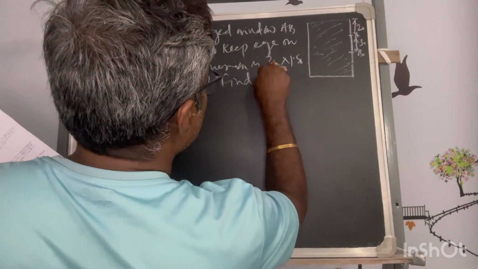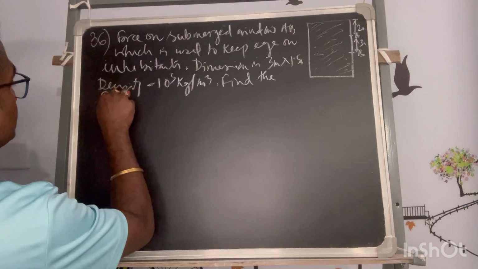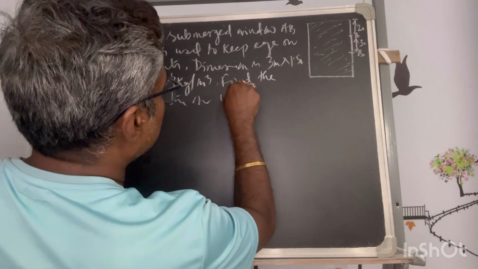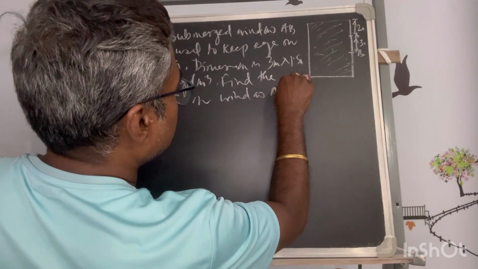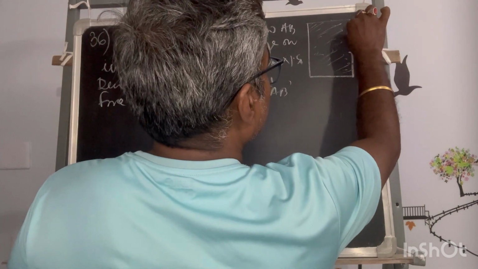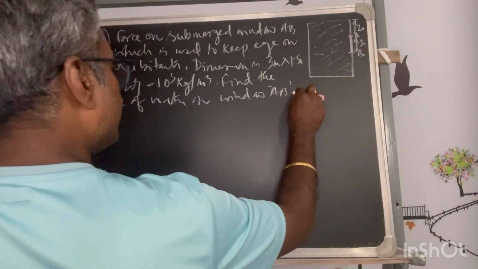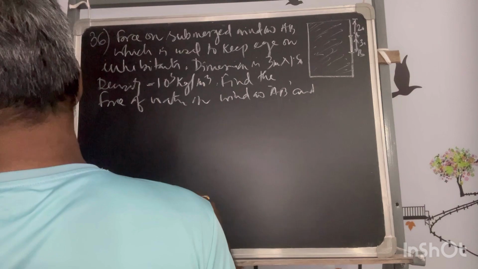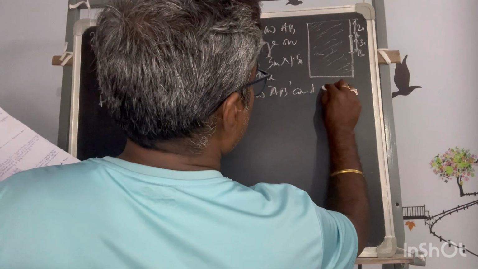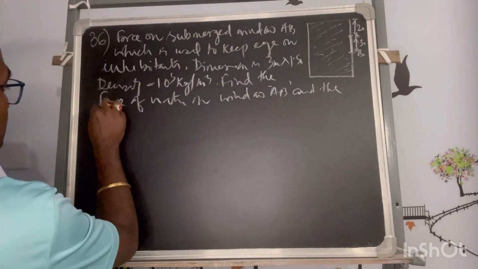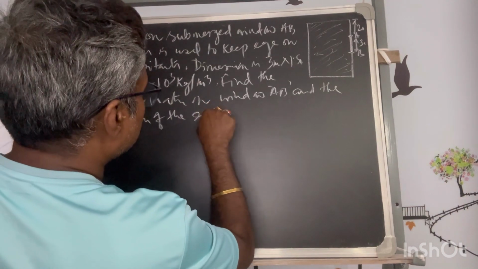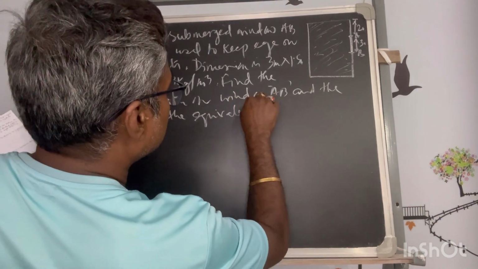As you know, obviously, find the force of water on window AB. Okay, so in this part, what is the force? Okay, fine. And the location of the equivalent point load.